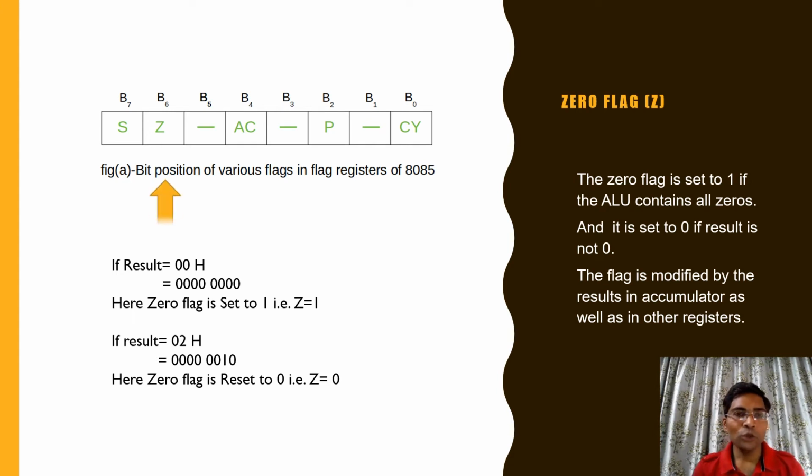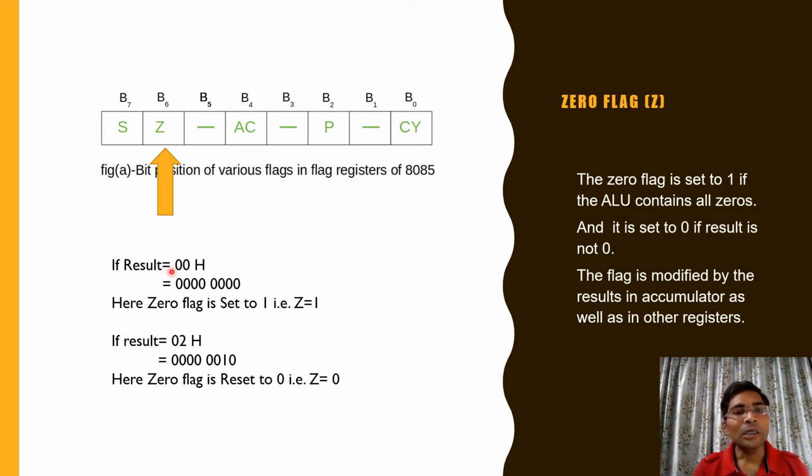Now here they are showing you the zero flag. In the example, they show you the result is 0, which means the zero flag is set to 1, and when the result is non-zero, the zero flag is reset to 0, that is Z equal to 0.